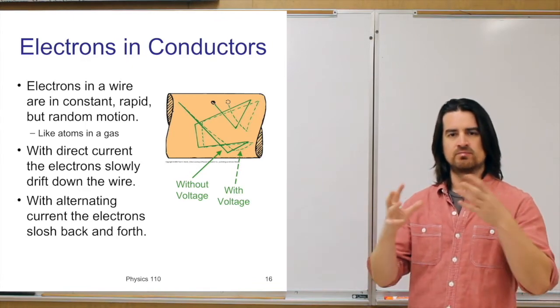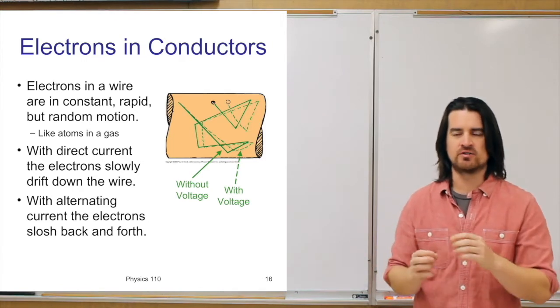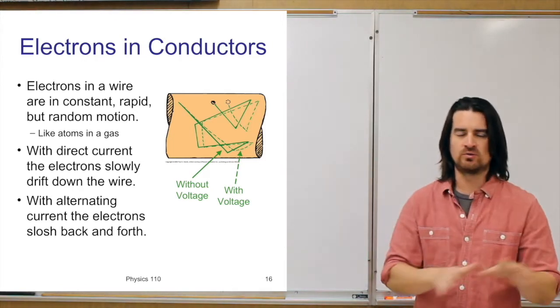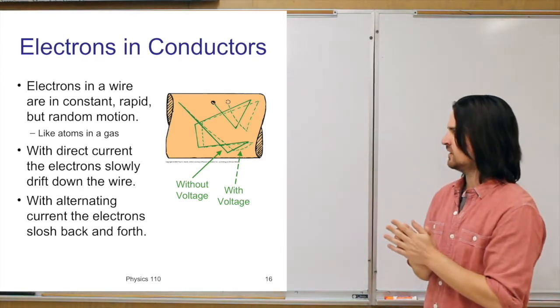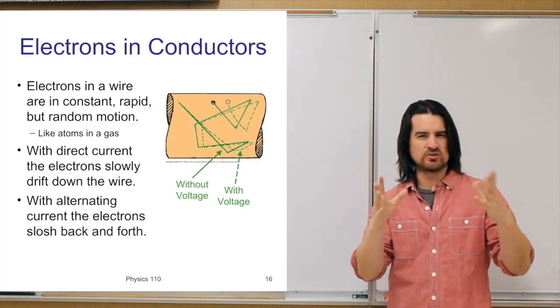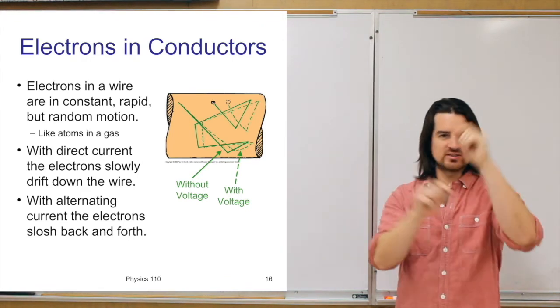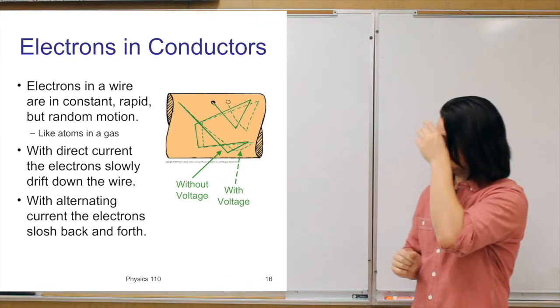They're not necessarily contained to be part of one atom or the other. They get shared by the whole material. So in a conductor, you can think about the electrons as being their own kind of gas almost. They're tiny little things, moving around constantly, doing all this random sort of stuff.